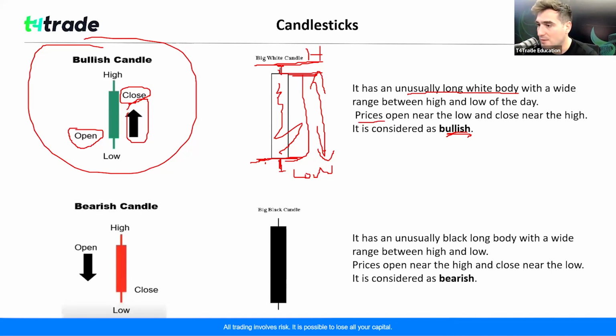So when prices open near the low and close near the high, we consider this bullish because people are willing to buy that instrument at a higher price with conviction, which creates this candle. That means there's super high demand for this specific instrument at that point in time. That's why we call this bullish.